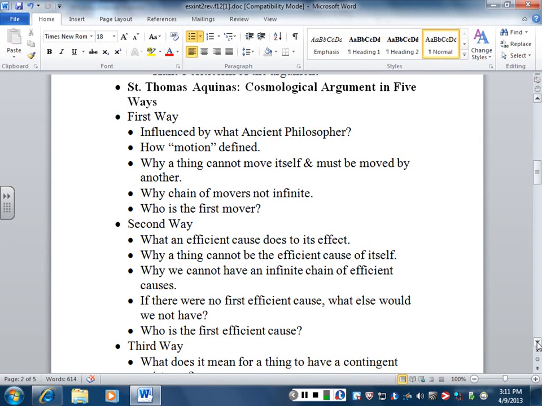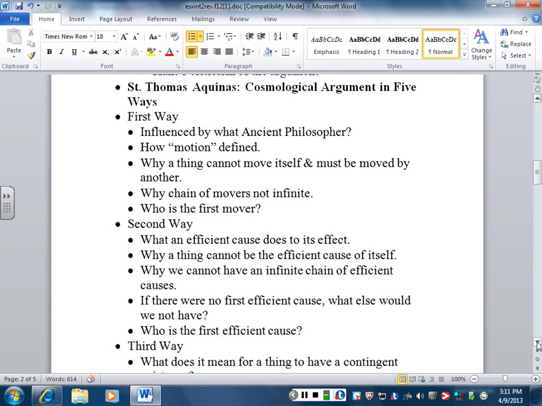So you can say, well, what if that chain of causes was simply infinite? Aquinas knows that an infinite series has no first member. Just really abstract stuff, I know. But an infinite series has no first member. So Aquinas says, no, the universe can't be infinite. Now, a lot of people are very unsatisfied with Aquinas' response.